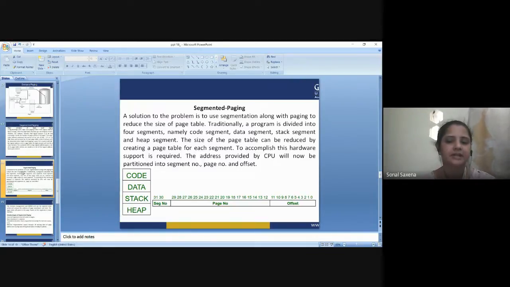The data segment, the stack segment, and secondly we'll have the page number, and thirdly the offset will be there. So this is how we'll do the things.